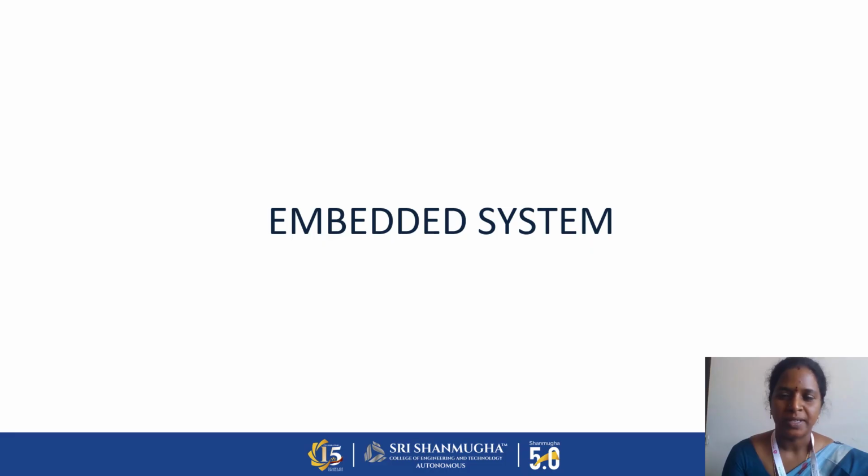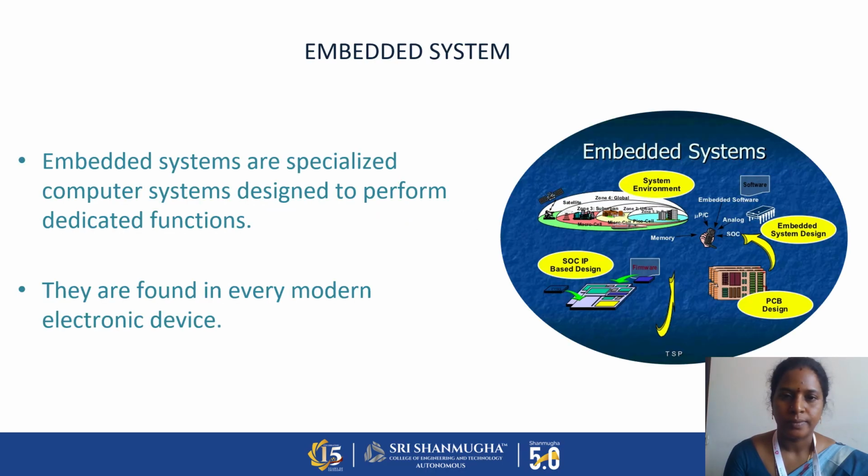Today's topic is the embedded system and the entire application part, with some examples and some images to show the application part of today's life. So an embedded system is a specialized computer system designed to perform some specific dedicated function or specific task or applications only.